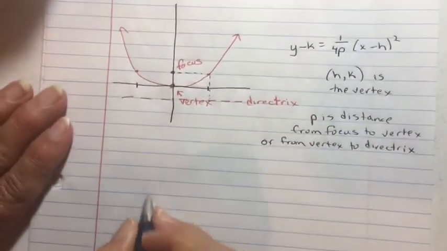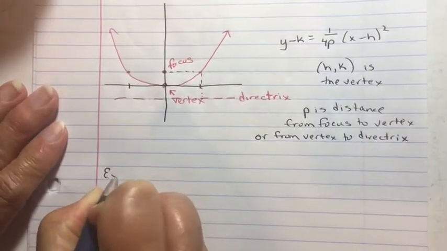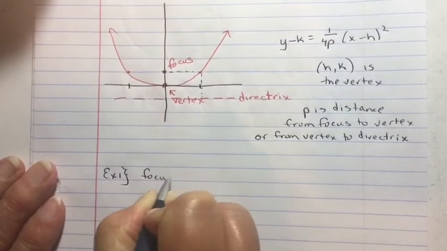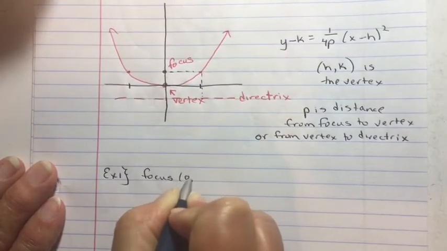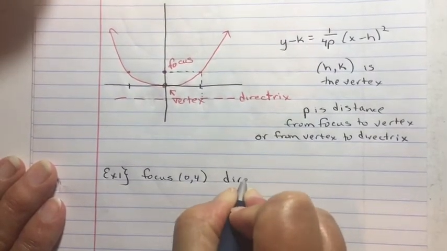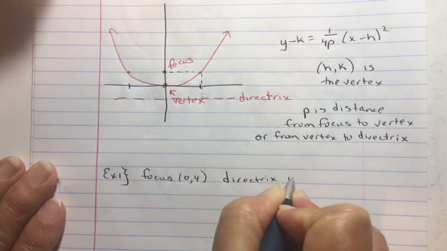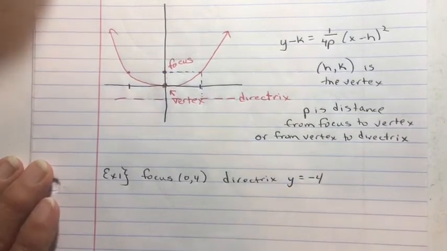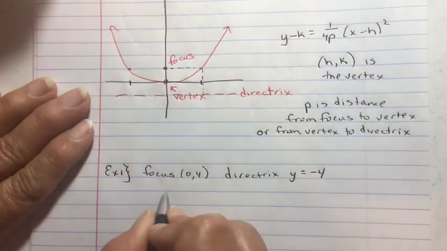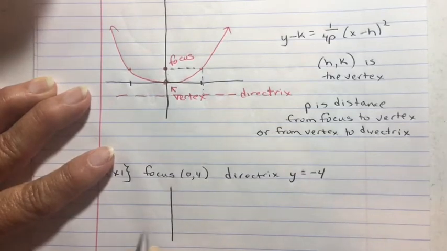All right, let's do an example. We're wanting to write the equation of the parabola that has a focus of (0, 4) and a directrix of y equals negative 4. Well, in order to do this, we need to figure out what the vertex is. Now, if you were to think about it, we can just do a real quick sketch here.